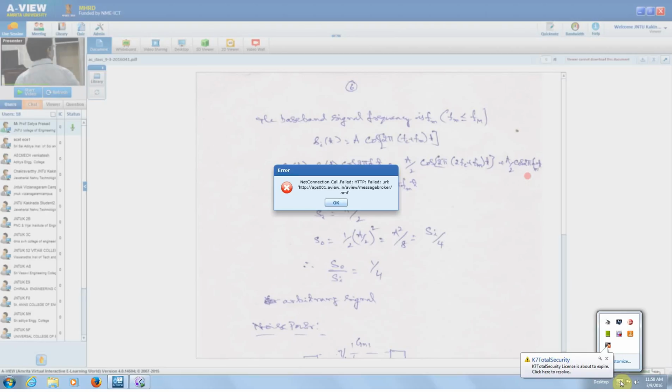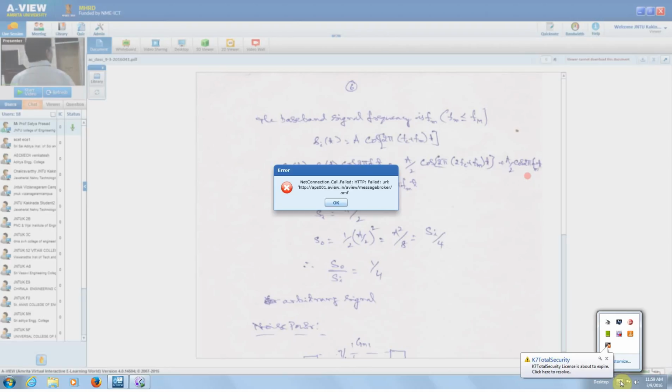So we have a high frequency component around 2FC and another one around your baseband frequency 0 to FM. By passing through your baseband filter, the high frequency component is going to be eliminated. S0 is A by 2 cos 2 pi FMT that we are going to have.